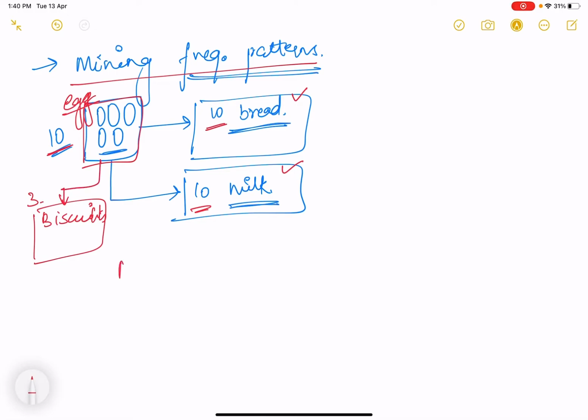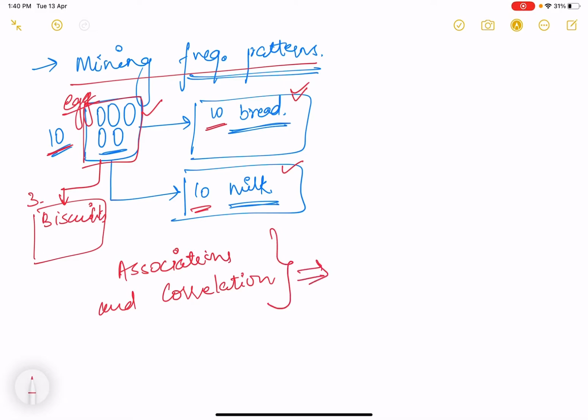So there could be some associations and correlation among objects which we see. Now these associations and correlations will help to obtain some patterns and insights.